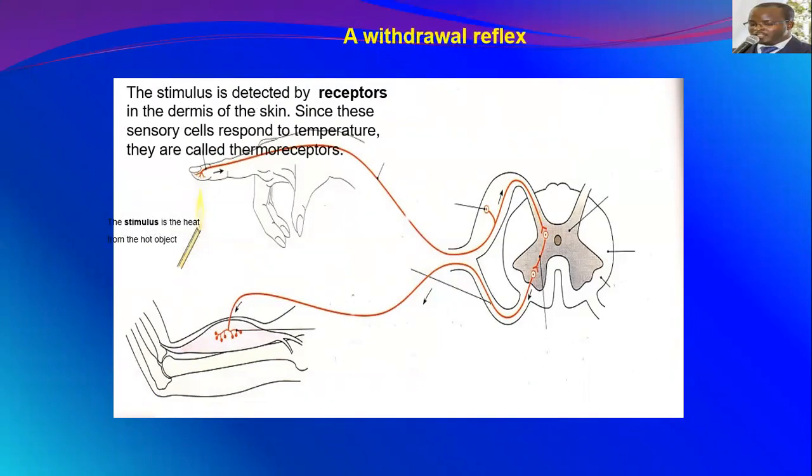The stimulus is detected by receptors in the dermis of the skin. Since these sensory cells respond to temperature, they are called thermoreceptors. So the thermoreceptors will be stimulated in the dermis of the skin. Then they will generate a receptor potential that will result in an action potential, and this action potential will be transmitted via the sensory nerve towards the spinal cord.